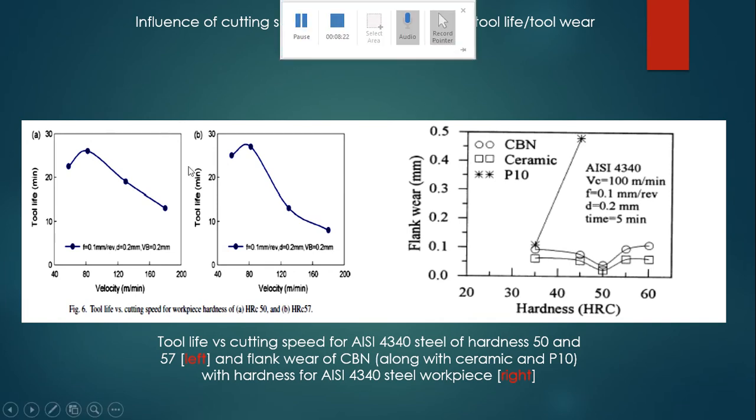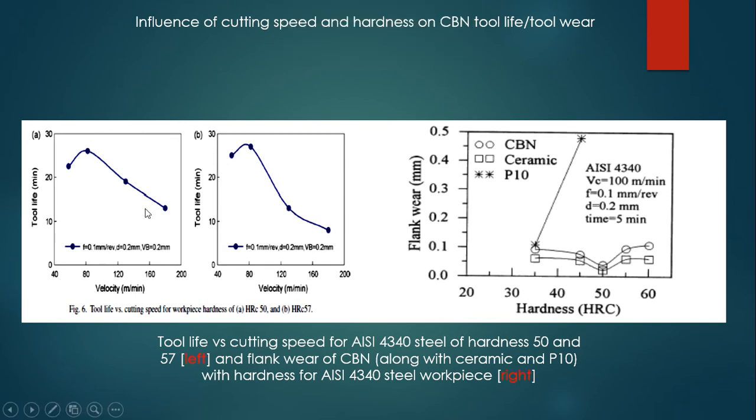So now again, these two plots, the one on the left is for the hardness of 50, and the one on the right is for the hardness of 57.